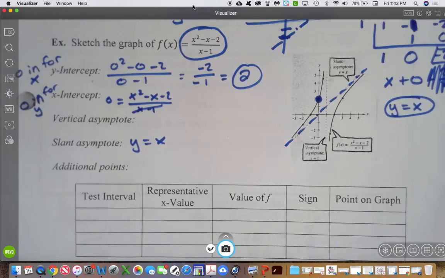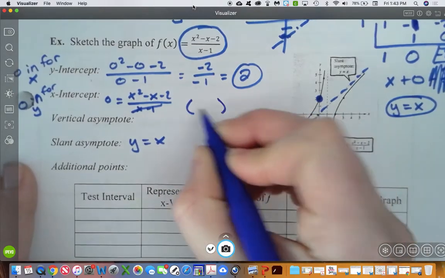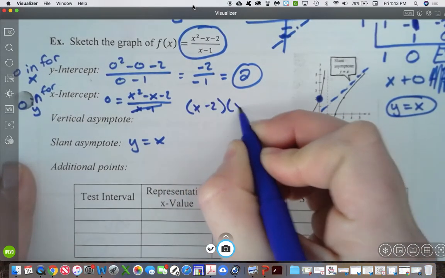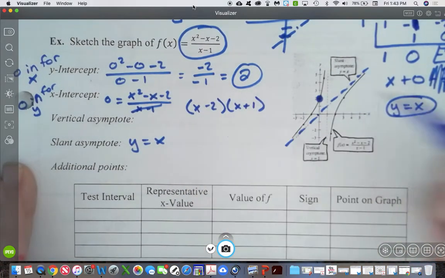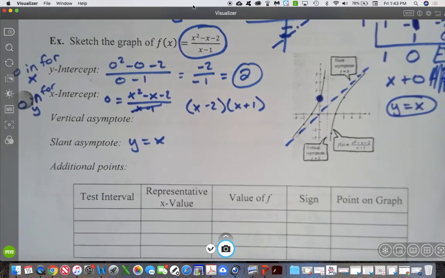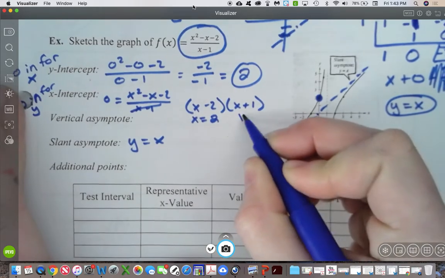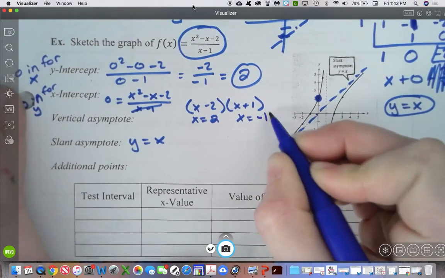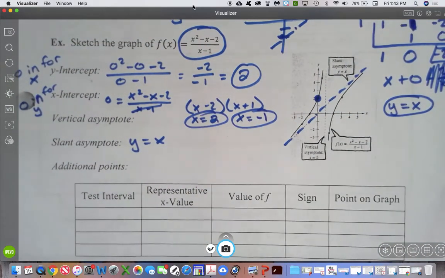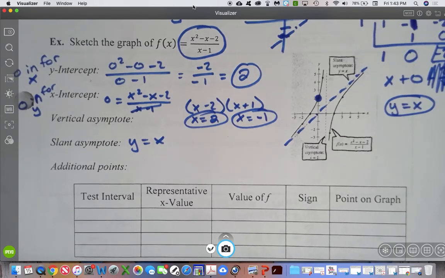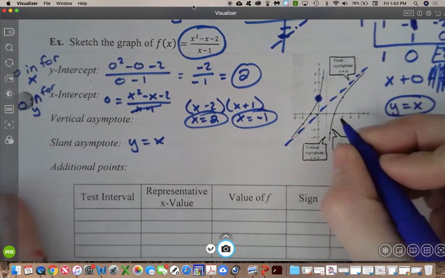Yes, how? x minus 2, x plus 1, right? -2 times 1 is -2, -2 plus 1 is -1. And then x equals 2, and x equals -1. So 2 is here, -1 is here. There they are.